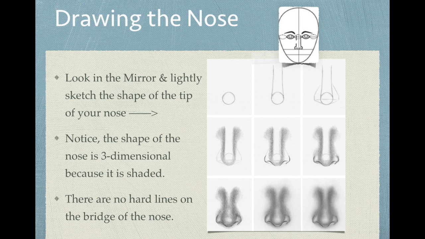So this little drawing tutorial here helps you just with the shape so you can see where to put the shading. So the only lines that you really see are kind of down in the nostril region, and you'll want to use the edge of your pencil to do the shading.